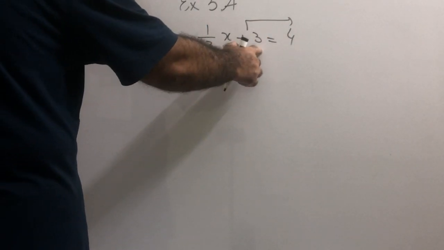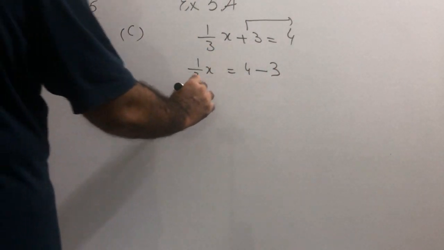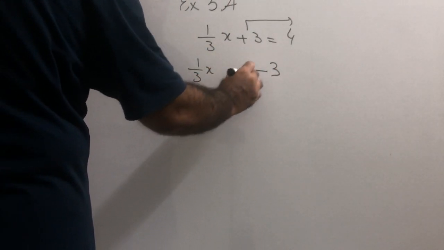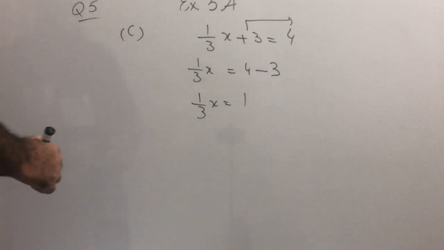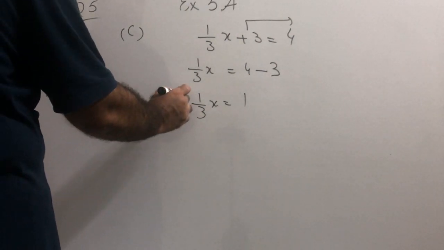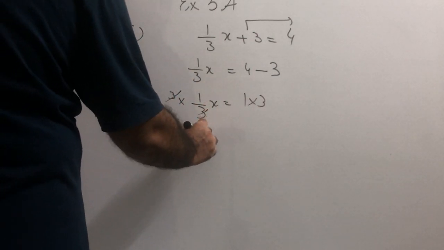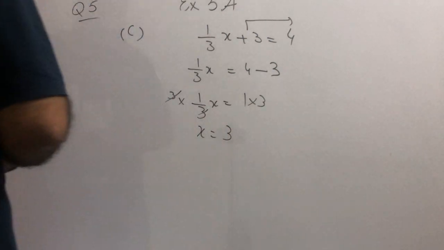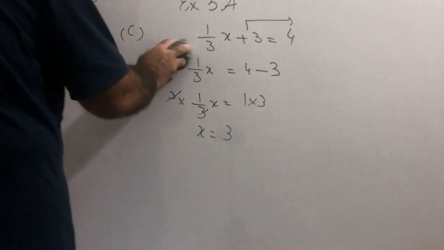It is bearing a plus sign. When it goes to the other side it will get a minus sign. 1 over 3 x is equal to 4 minus 3, which is 1. Now we need to get rid of 3. It is being divided here. So multiply both sides by 3. 3 will cut off. x is equal to 1 into 3, 3. 3 is the answer for part C.